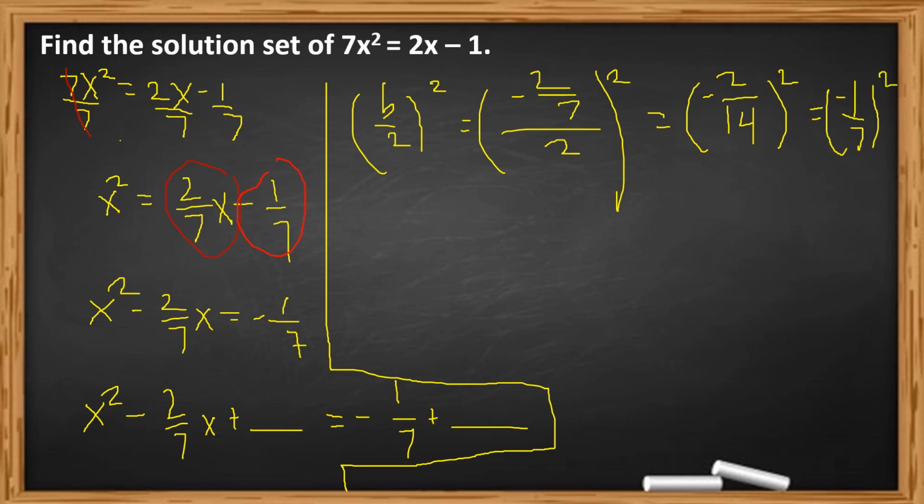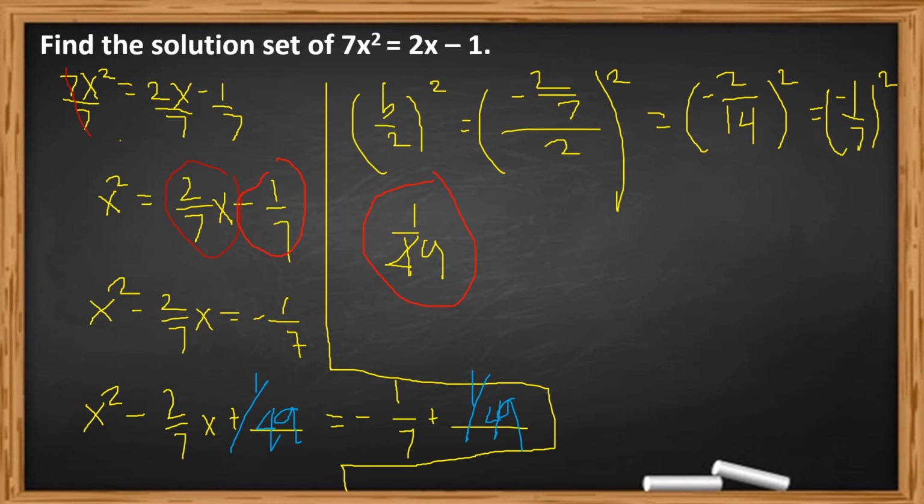But negative 1 squared is still 1, and 7 squared is 49. So the term that we're going to put as the last term of this trinomial is 1 over 49. So 1 over 49. Also 1 over 49 here.